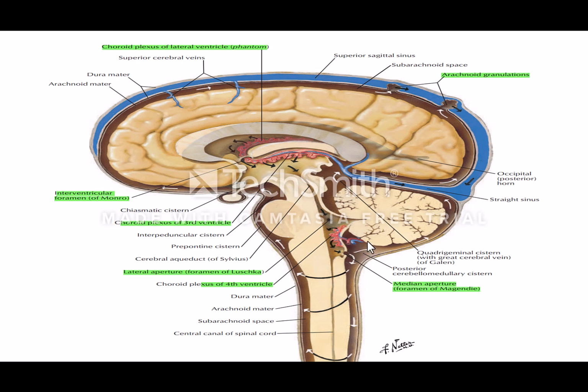The CSF flows into the subarachnoid space, and eventually it gets drained by the arachnoid granulations, where my cursor is now. It gets drained out of the subarachnoid space into the venous system, the superior sagittal sinus, by the arachnoid granulations.